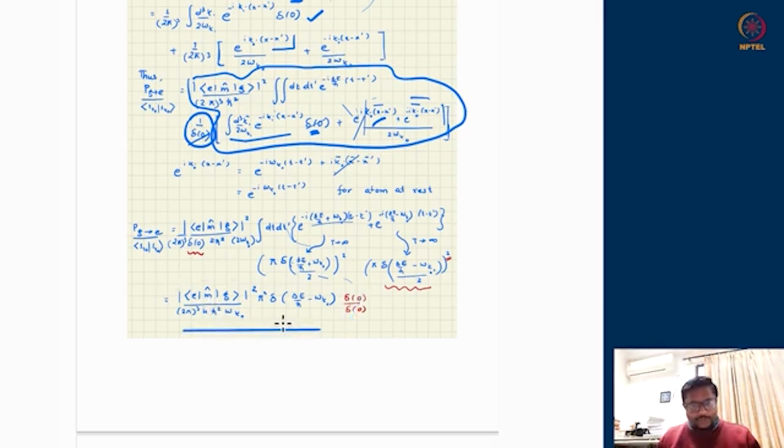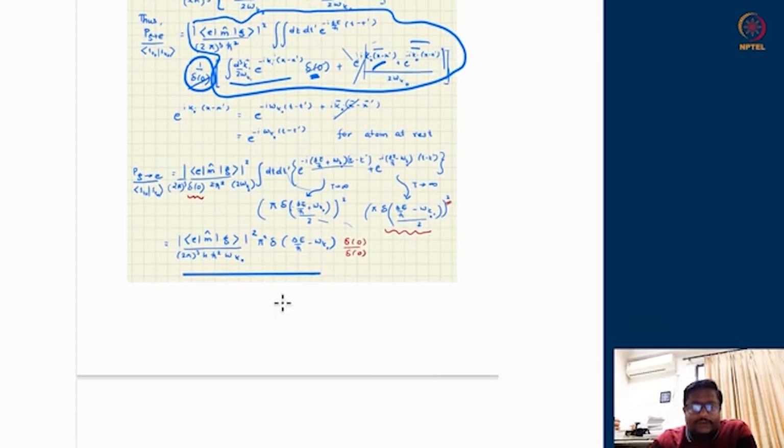This tells us the only transition allowed through the interaction of the field with the atom is if the field has one photon in itself which has the same energy as the energy gap of the atom. Then only the transition will happen, otherwise it will not. This is very much reasonably expected.